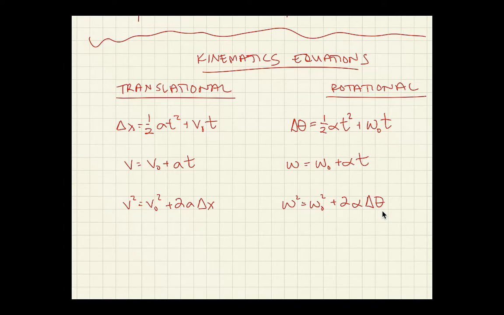So if I wanted to know, like an object that is spinning and it speeds up as it spins, well, that speeding up as it spins, the increase in rotational velocity would be an angular acceleration. The longer that acceleration is applied for, the larger my final angular speed will be. Pretty straightforward stuff. So again, we're not trying to relearn all of kinematics. We're just trying to reframe it in a different context here.